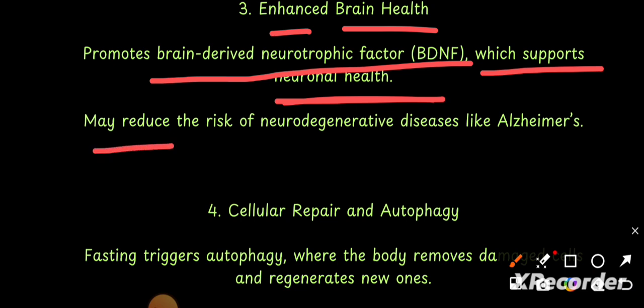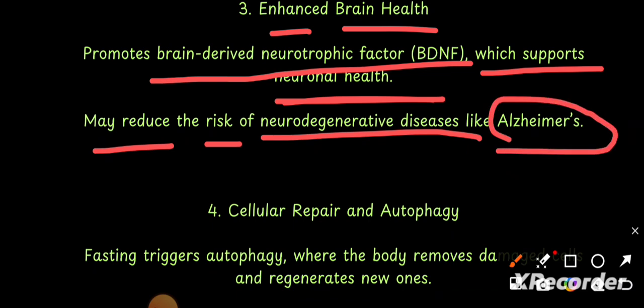You cannot completely prevent Alzheimer's by doing intermittent fasting, but it potentially reduces the risk of some neurodegenerative diseases like Alzheimer's disease. Alzheimer's disease is most commonly seen in elderly people. So by doing intermittent fasting, you could reduce the potential risk of getting neurodegenerative disorders like Alzheimer's. This is one of the potential benefits of intermittent fasting.